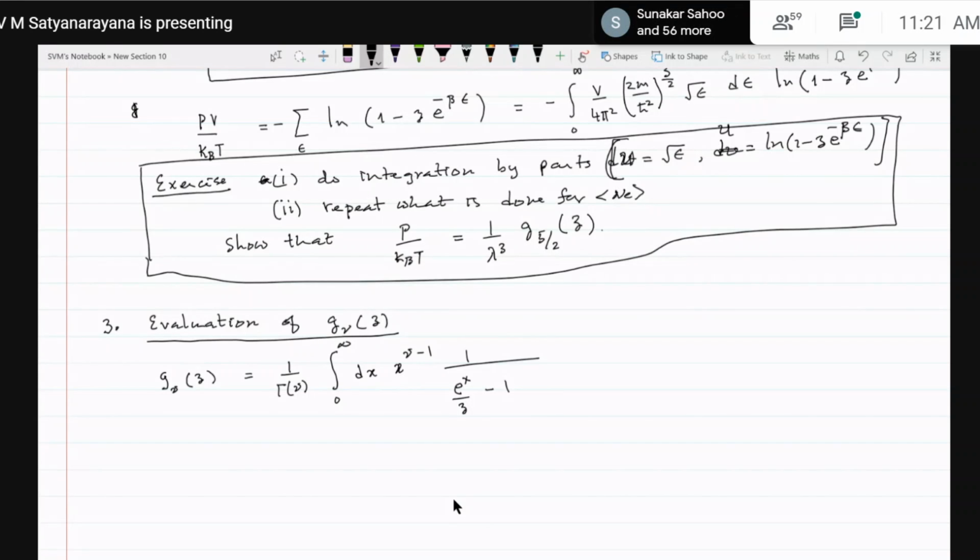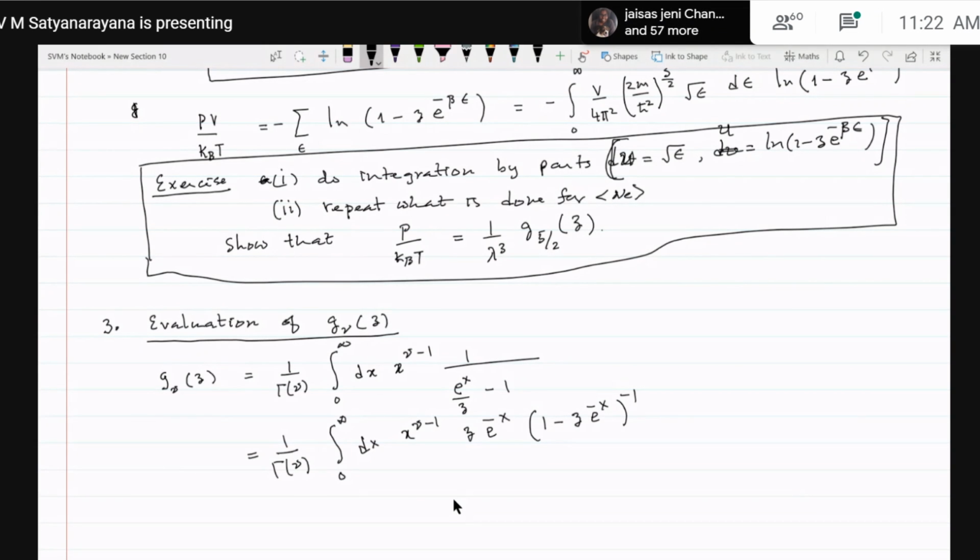So this can be written as x to the mu minus 1, and I have z into e to the minus x into 1 minus z into e to the minus x to the power minus 1.